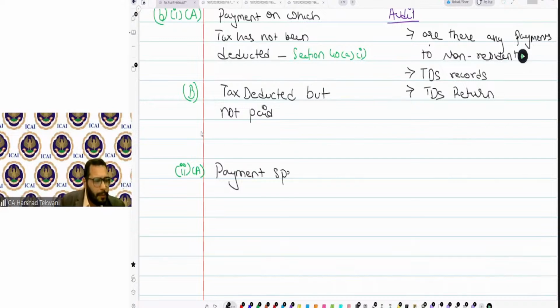Payment specified under Section 40A(ia). Now in part A, we are talking about payments on which tax has not been deducted.